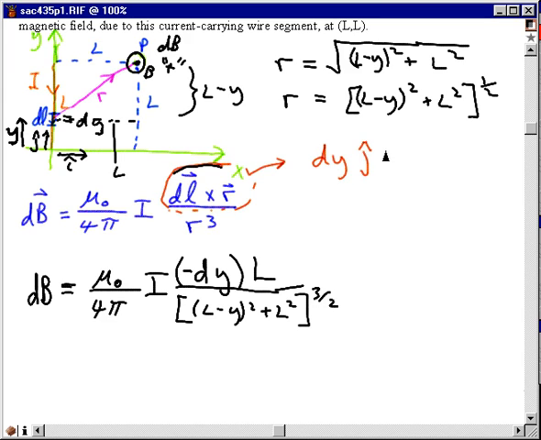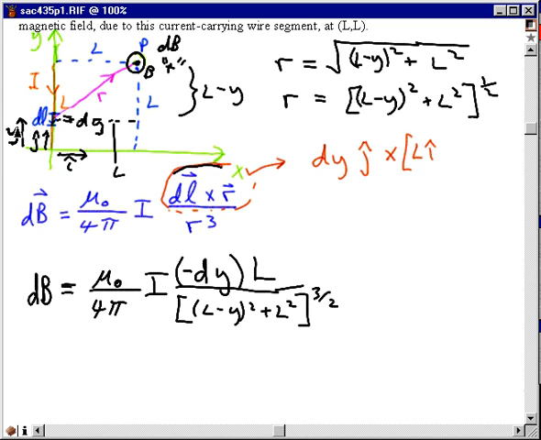And then I want to cross that into the r vector. Now the r vector is just a position vector. Here it is right there. I can break it into components and say you've got to step this distance L in the x direction, so it's L times i. And then you've got to step this distance up in the y direction, which would be L minus y.